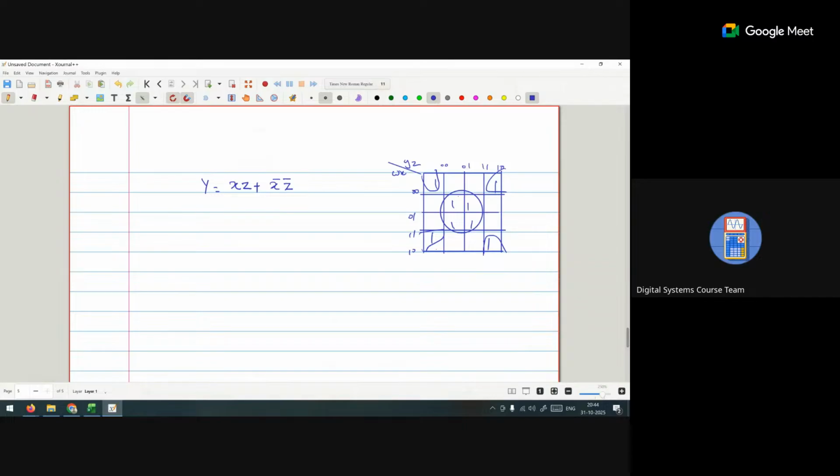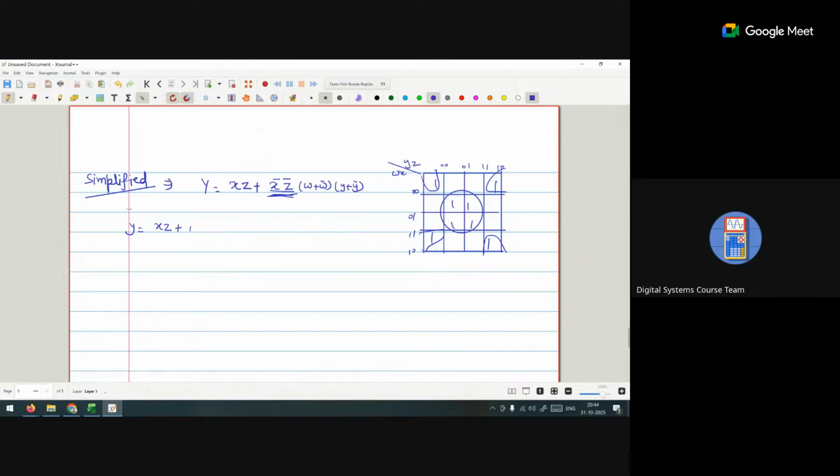Okay. So if they are asking for the simplified form, that answer is correct. But if they are not asking for the simplified form, the possible answer is, I can write that one in the standard canonical form. So X bar Z bar is as it is, and in this form the W and Y are missing. So what should I do? I just multiply with W plus W bar and Y plus Y bar.